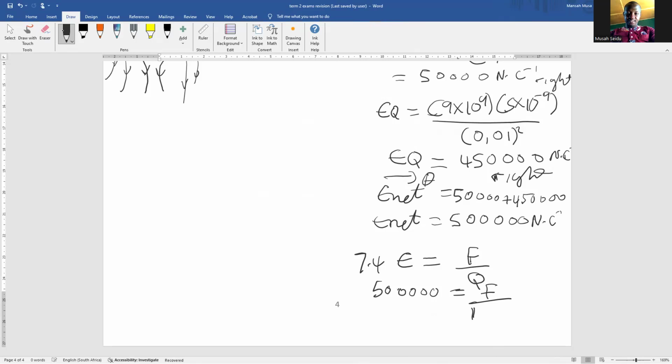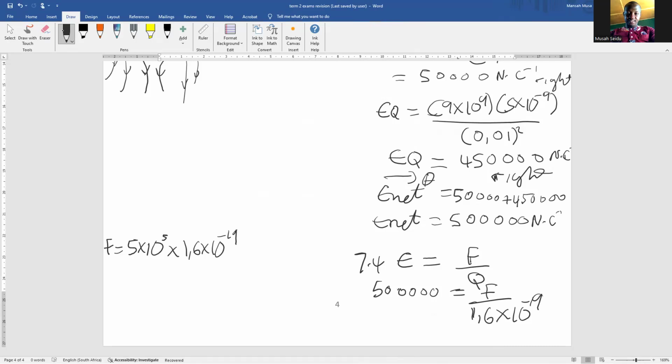Please don't put the negative sign in. Whenever you are doing this calculation, ignore the negative sign. So now my F is therefore equal to 500,000, which I can write as 10 to the power of 5, times 1,6 times 10 to the power of negative 19.